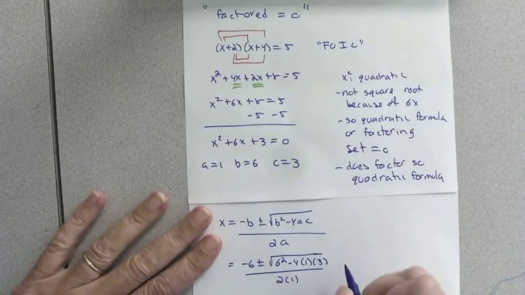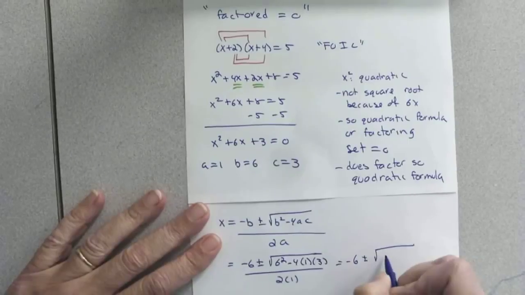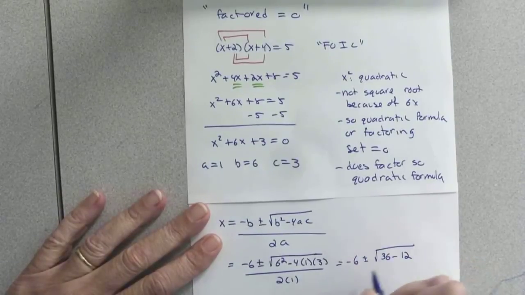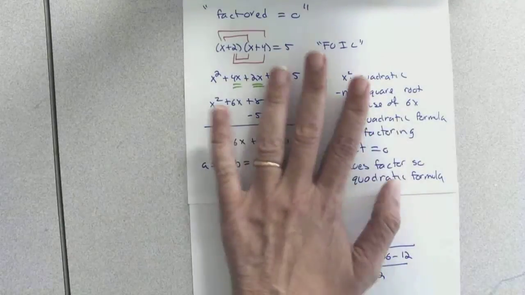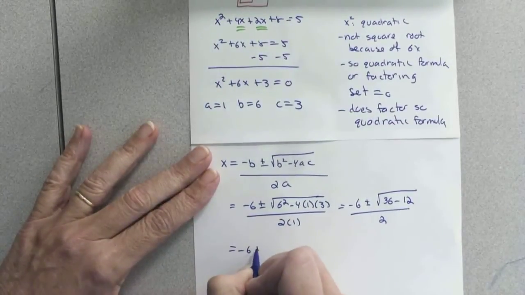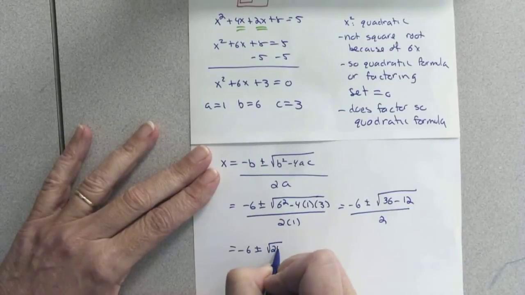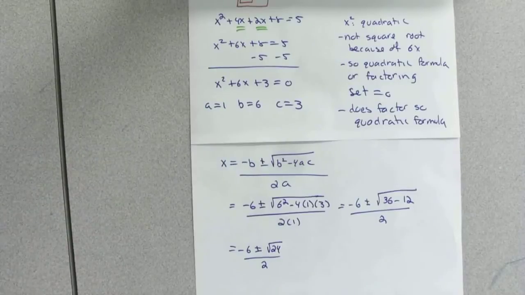And then we just start simplifying that. So that's negative 6 plus or minus the square root of 36 minus 12 all over 2. I am not going to cancel anything yet. That's negative 6 plus or minus the square root of 24 all over 2. And still nothing cancels. You don't cancel a fraction unless you can cancel from all terms in the fraction.